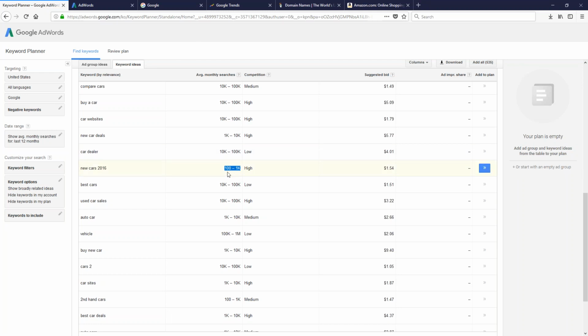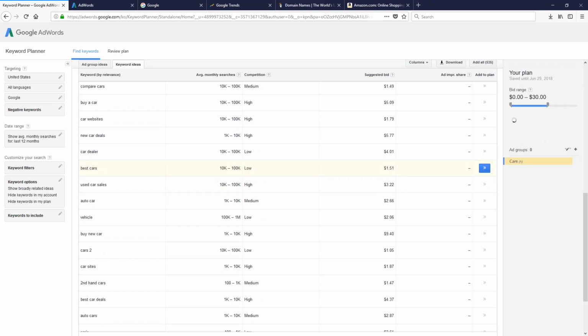So if I were to want to find out a little more about this keyword phrase here, just to find out where in this range this might be showing up, I can add this keyword to a plan over here, and it can already tell me, just based on this bid range here, how many clicks I might be able to expect off of this keyword.